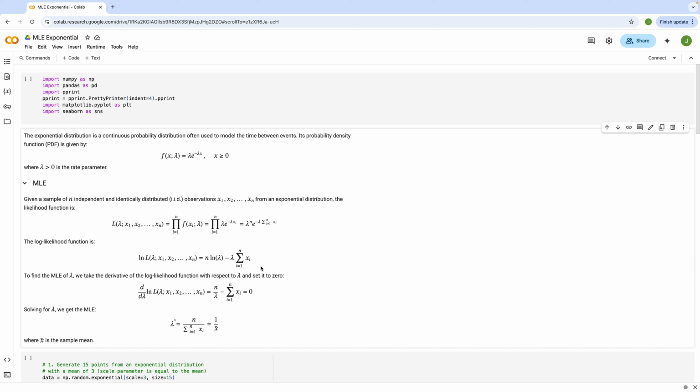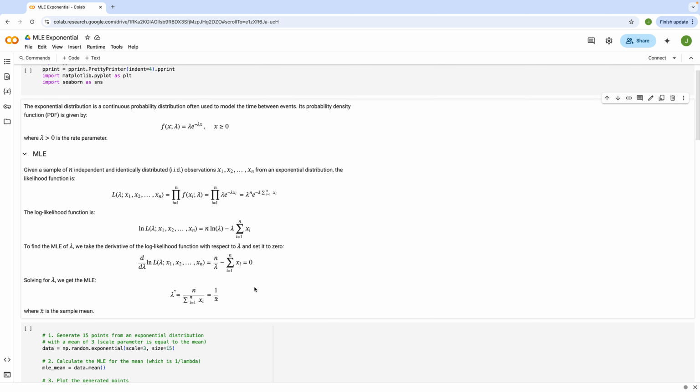We don't know what the value of the parameter lambda is, so we differentiate with respect to lambda, and that gives us n over lambda, because the derivative of the natural logarithm is 1 over that variable. Now the derivative of lambda here is just 1, so that gives us this term here.